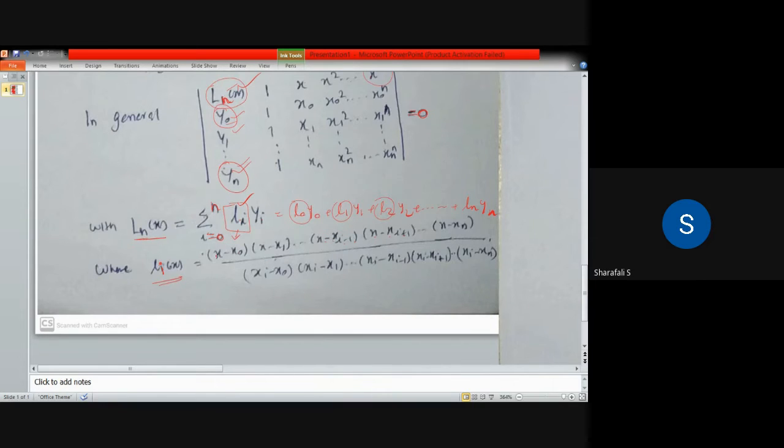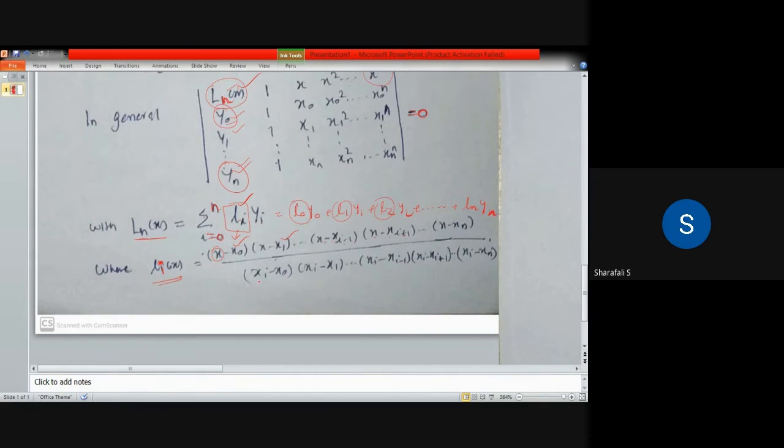And so on. So for li, the x minus xi term will not be there in the numerator. All other points, x0, x1, x2, all those points we have to subtract from x, and that has to be multiplied in the numerator.